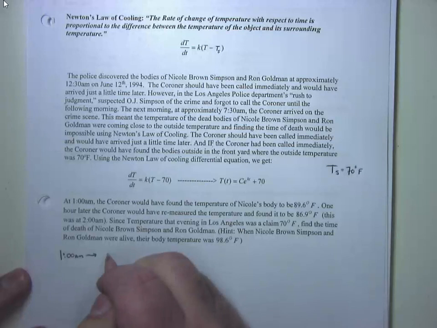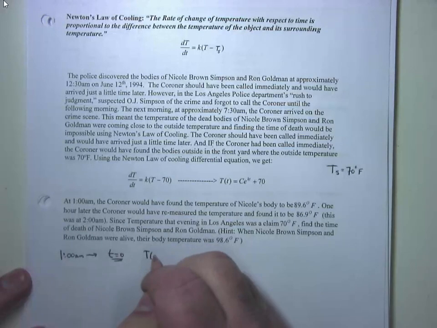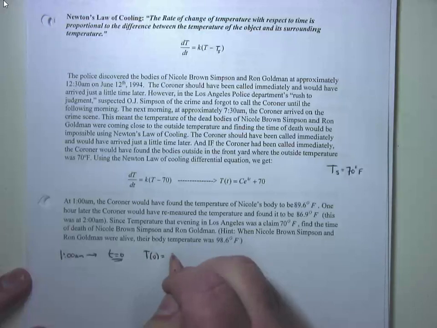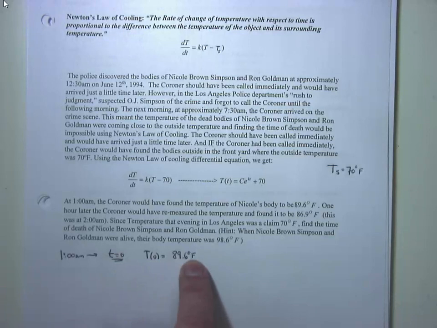So I'm going to call that time equals 0, and the temperature of the body at that first measurement was 89.6 degrees Fahrenheit. Does that make sense?